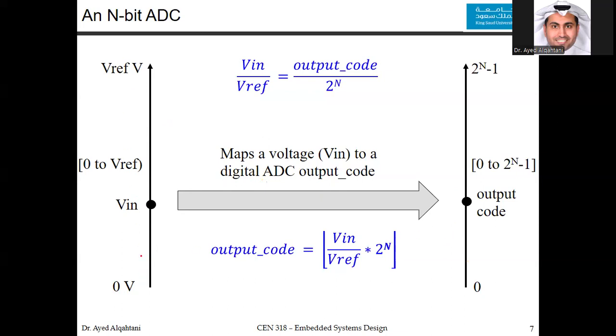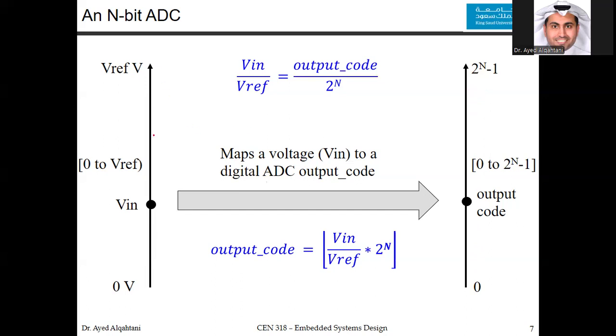The analog starts from the lower bound, 0 volt, all the way to the upper bound, which is the reference voltage, VREF. For the digital part, based on the number of bits, we go from 0 all the way to 2 to the n minus 1.